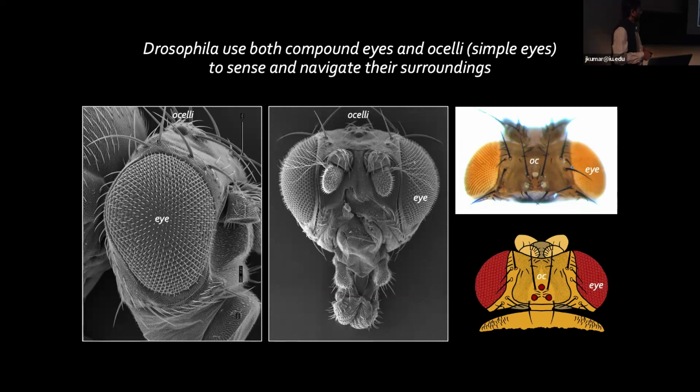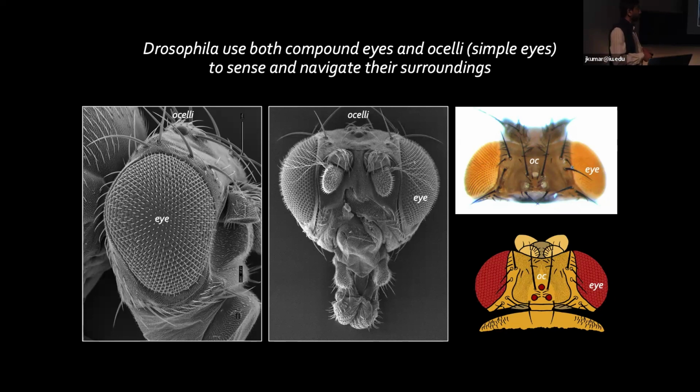What you're seeing here are either scanning electron micrographs or light microscope images of different portions of the fly head. The two features we're really going to talk about today are these compound eyes. There are two lateral ones shown here, made up of about 800 identical hexagonal units.